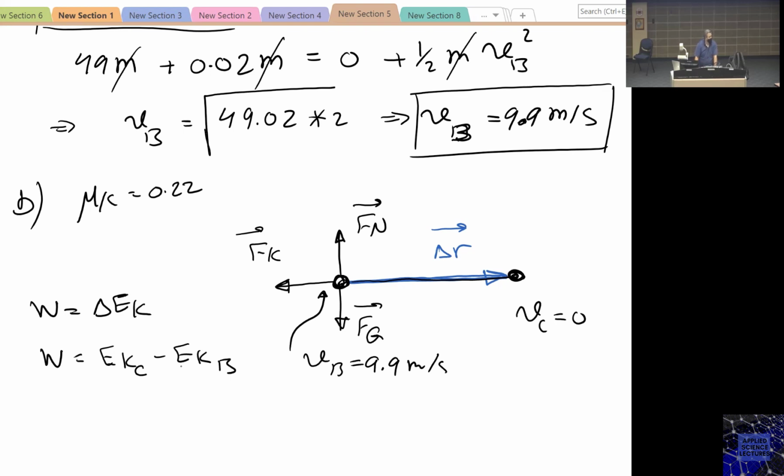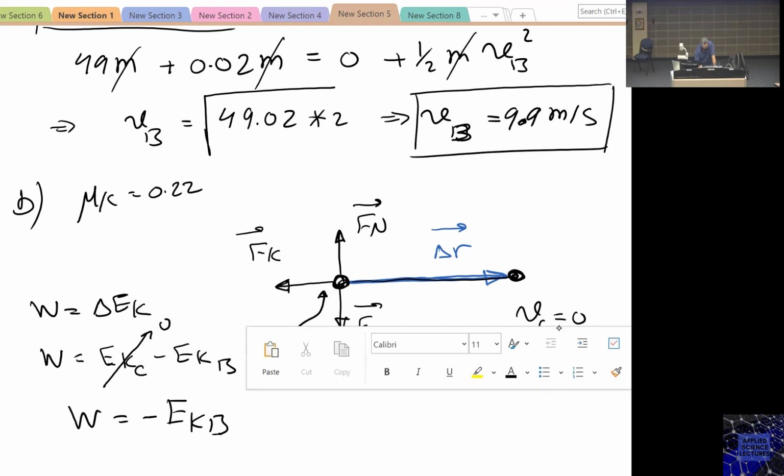Since the penguin is coming to a stop, VC equals 0, which means the kinetic energy at C would be 0, right? Then I have here W equals minus EKB.